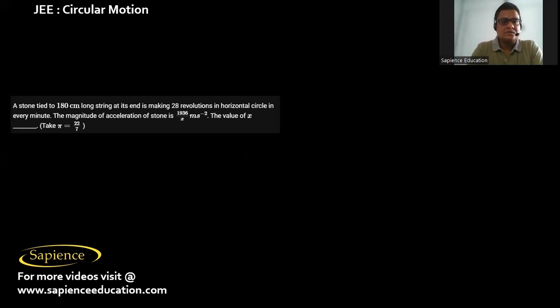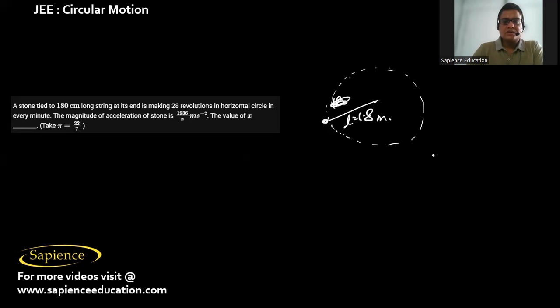Then here it is told a stone is tied to a 180 centimeter long string. 180 centimeters, so we can say L will be equal to 1.8 meters, and it is making 28 revolutions in a horizontal circle in every minute. So 28 revolutions in 1 minute means in 60 seconds.